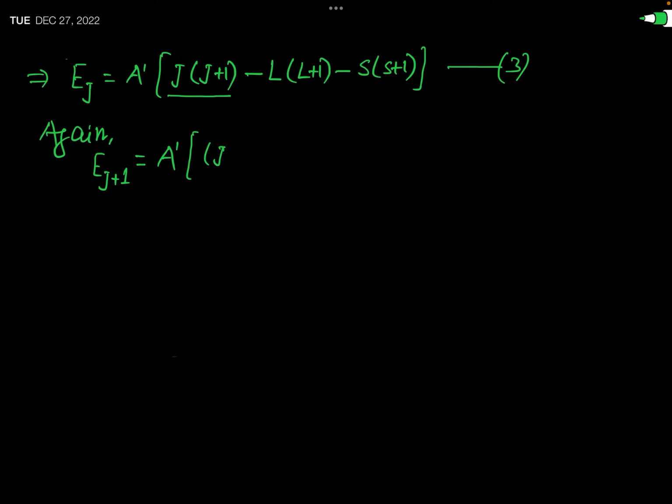So this will be J plus 1 times J plus 1 plus 1, that is J plus 2. But as I have told you, the values of L and S for these two values of J will be the same. So L will remain L and S will remain S. So these terms remain the same: L into L plus 1 minus S into S plus 1.